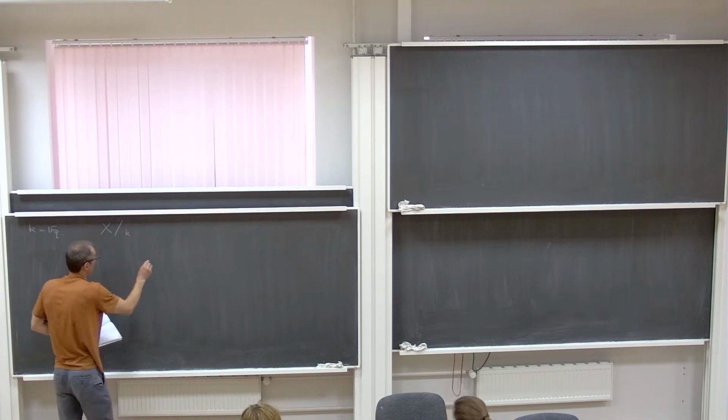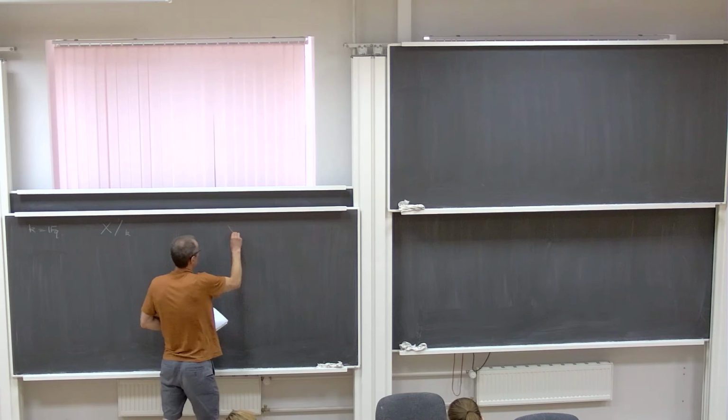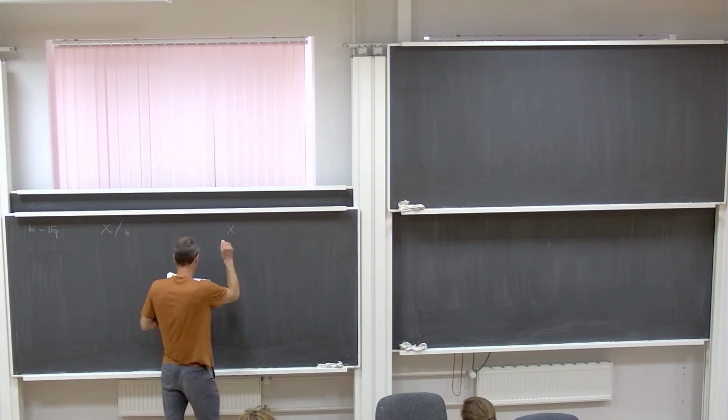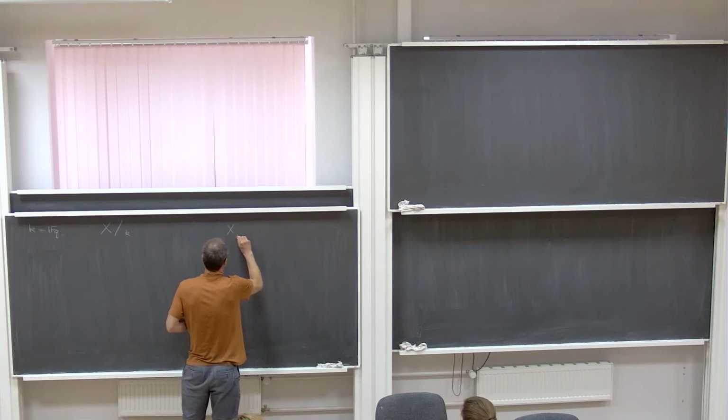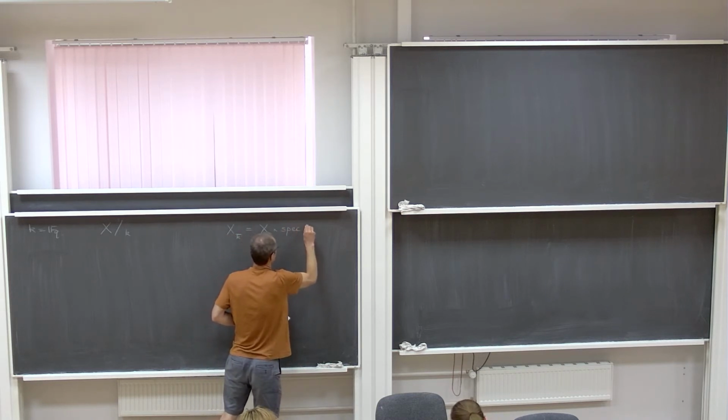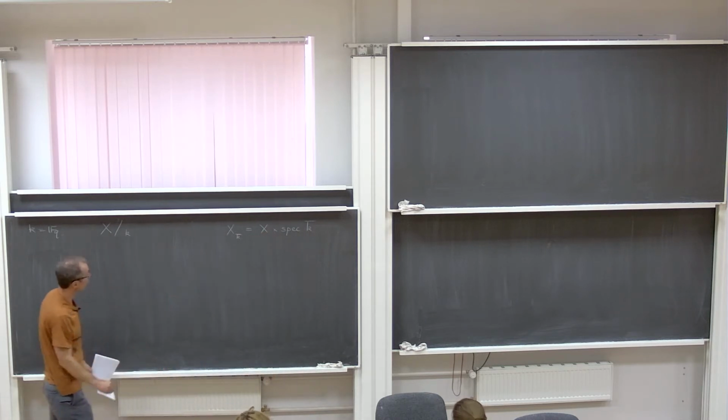And we have X_k bar, which is just X times the spectrum of the algebraic closure.